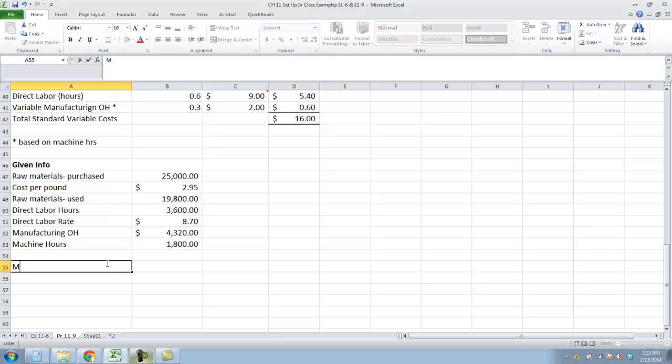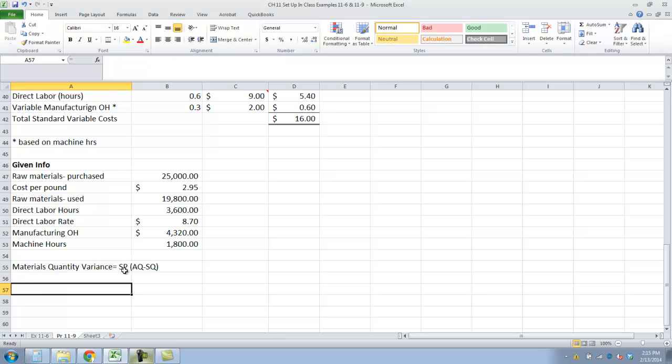Okay, to calculate your materials quantity variance, we did this on the last problem. It equals standard price times actual quantity minus standard quantity. Well, step 1, calculate standard quantity.